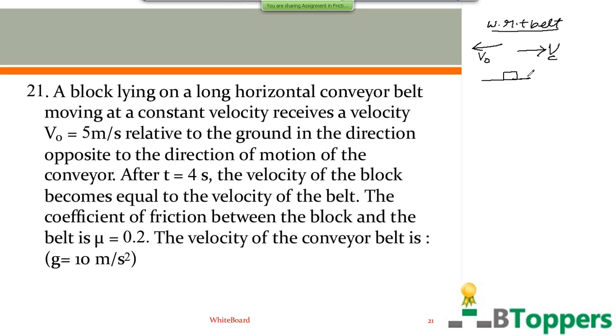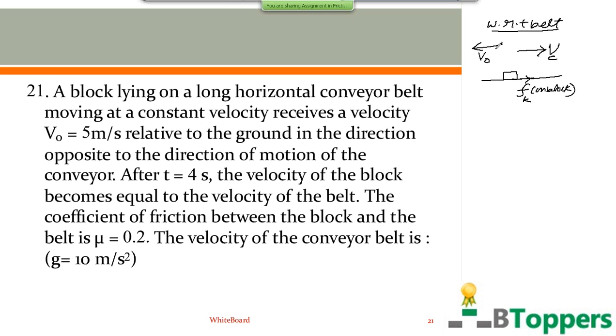Therefore, the force of sliding friction on the block by the conveyor belt acts towards the right side.